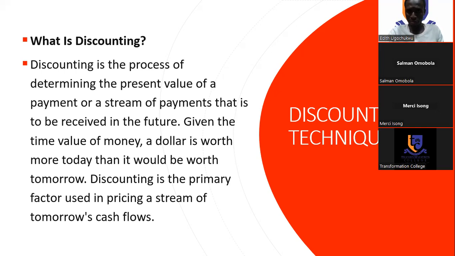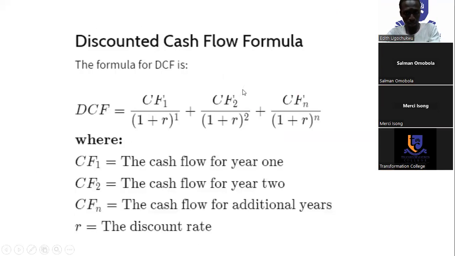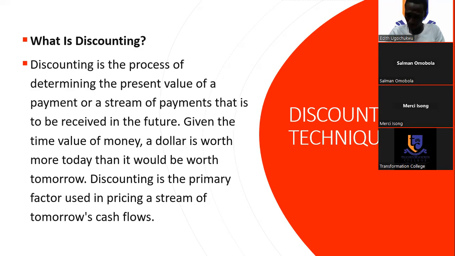The formula for our discounting factor is 1 plus R raised to power minus n. This discounting technique as well is an investment appraisal technique.